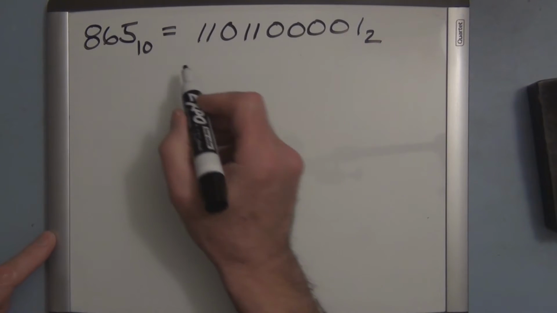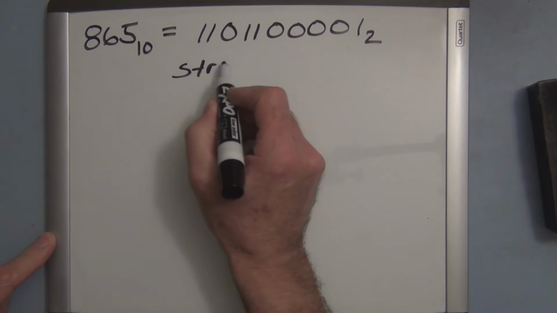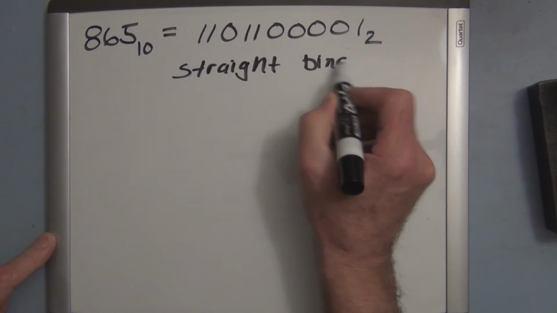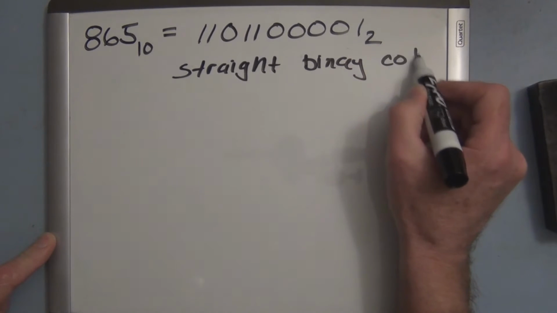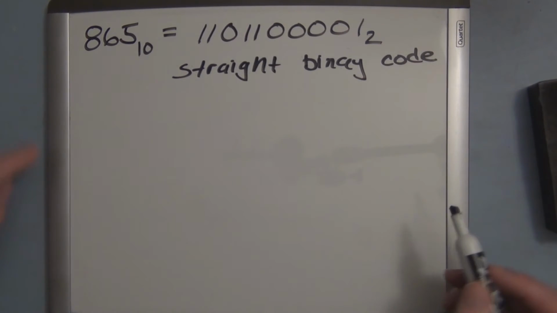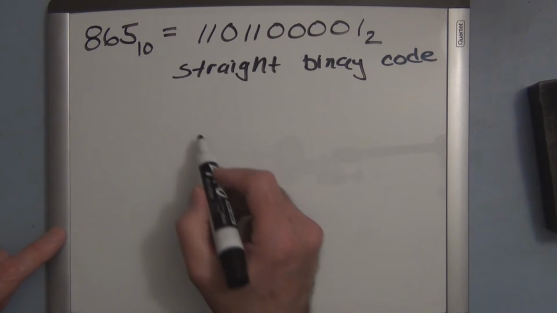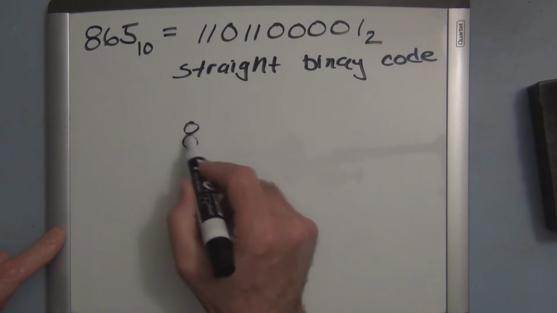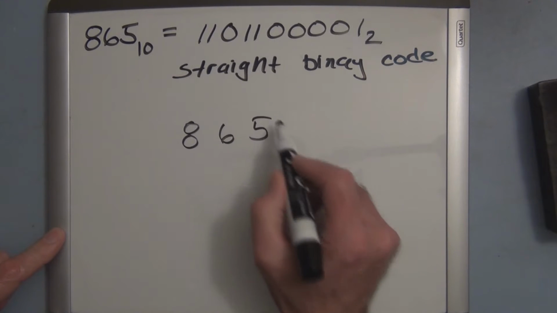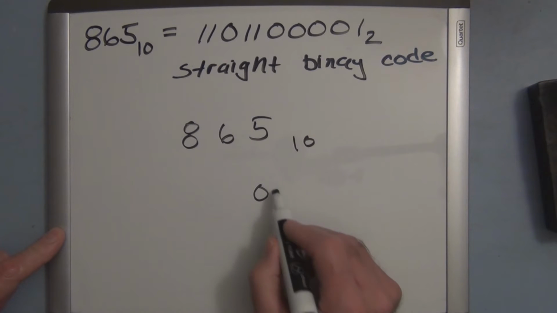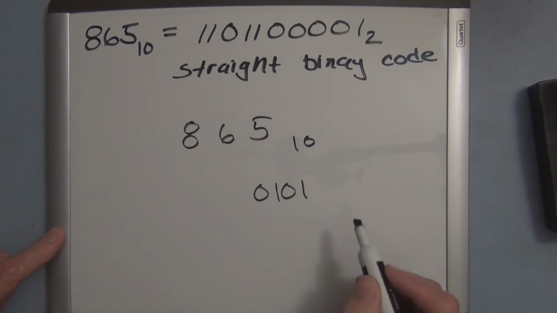So instead of the straight binary code, what BCD code does is it converts each individual decimal digit to its binary equivalent. So 8, 6, 5: the 5 would be 0, 1, 0, 1.